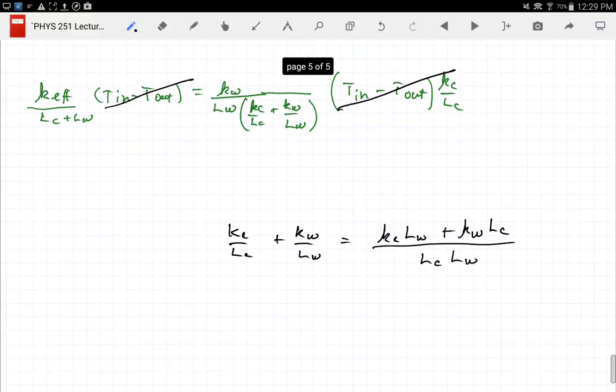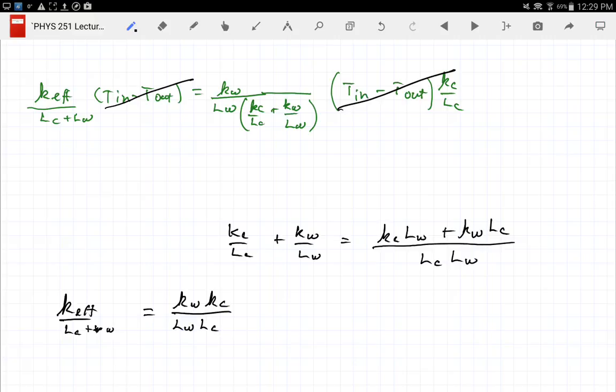So I invert that and I have K effective over Lc plus Lw. Obviously I'm going to want to get rid of that in just a moment. Is equal to Kw Kc, brought this one to the other side, over Lw Lc, brought this one over to the other side. And then with my invert and multiply times Lc Lw over Kc Lw plus Kw Lc.